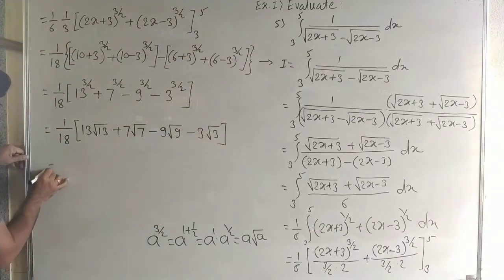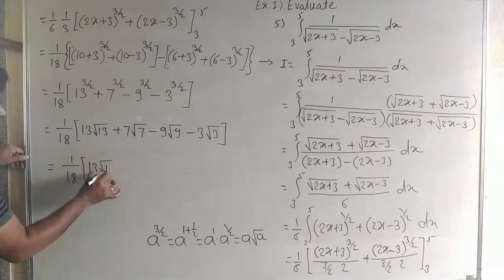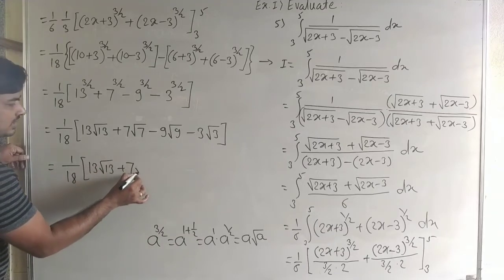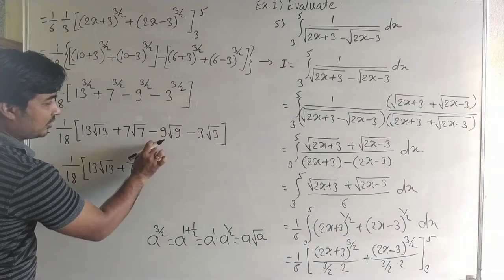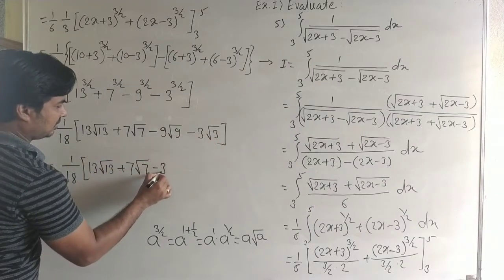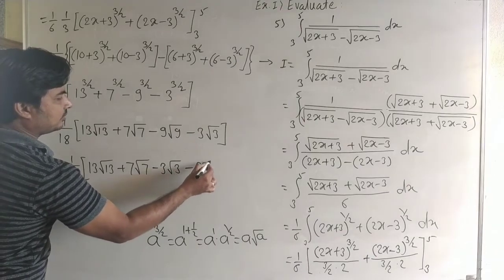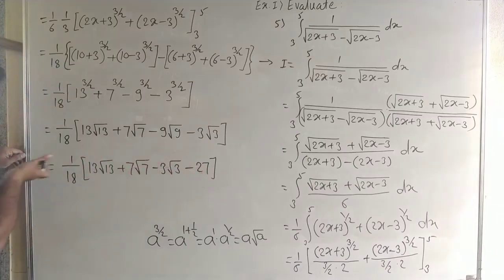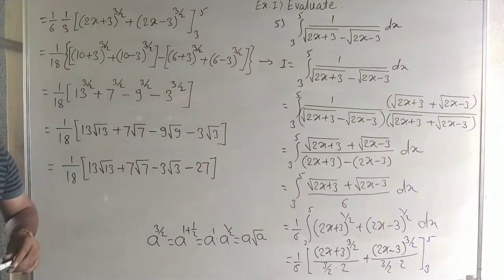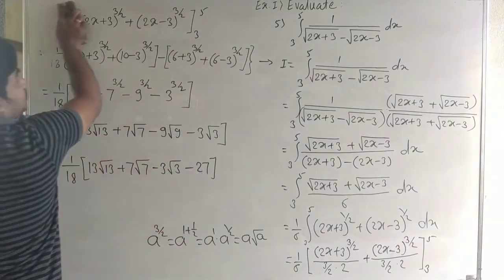Okay, and then last calculation, 1 by 18, 13 under root 13 plus 7 under root 7, here it is 3 into 9, it is 27, we can write after this term, and minus 27, it is 3, and here it is minus 27, and it is the last answer of this question. See carefully. Okay. Now you see the next example.